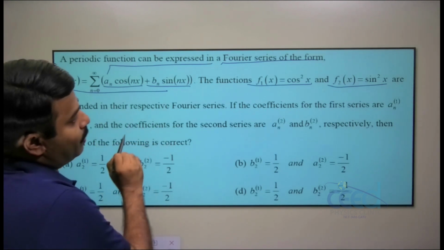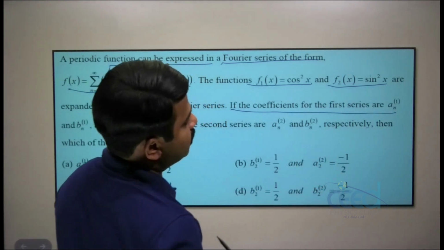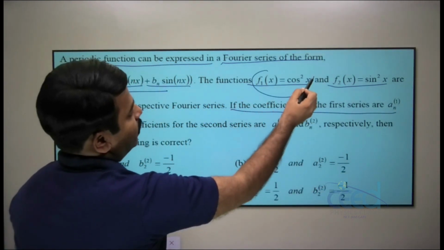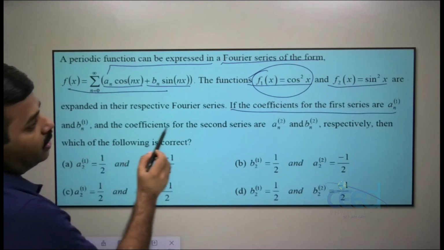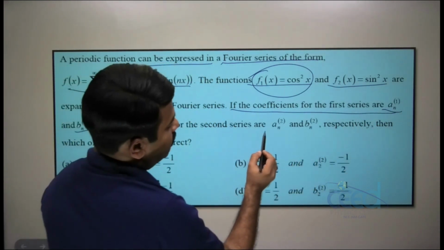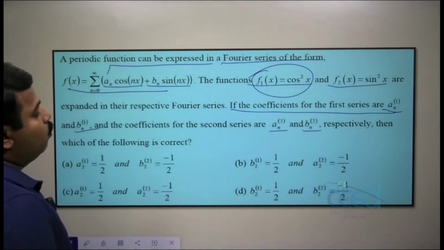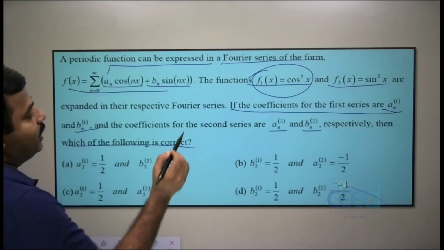Expanded. So, by expansion, if the coefficients of the first series, say for this function, are an1 and bn1, and for the second function an2 and bn2, right? Now, which of the following is correct?